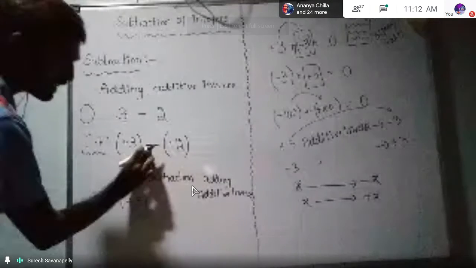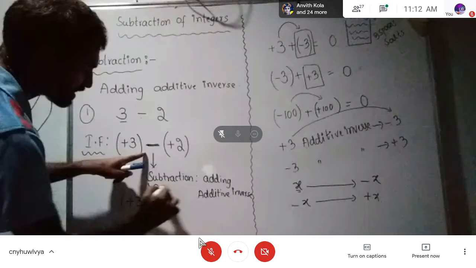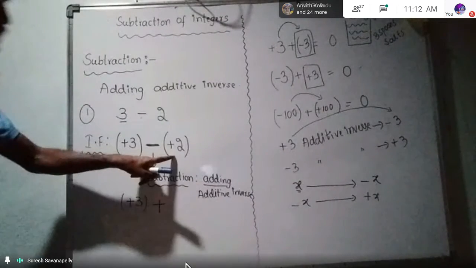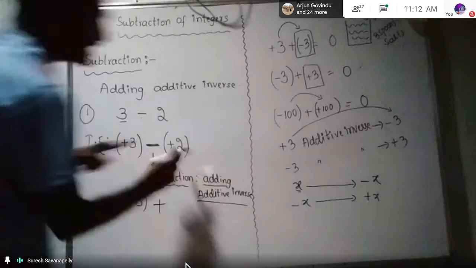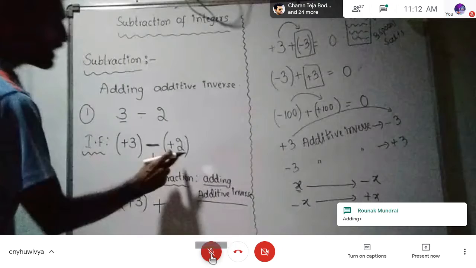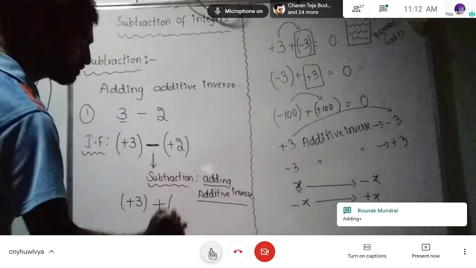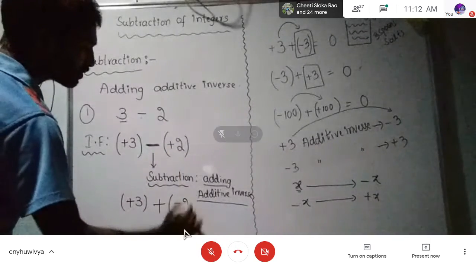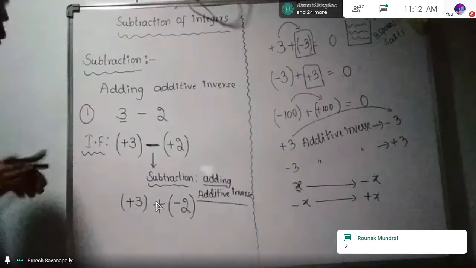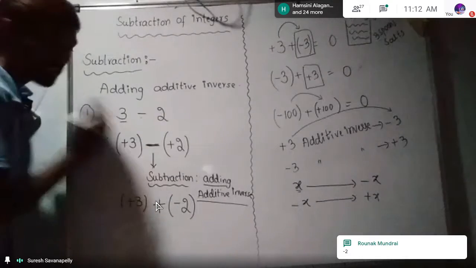Minus will come here. Minus means subtraction. Subtraction means adding. Adding means plus. Additive inverse of what? Additive inverse of plus 2. What is the additive inverse of plus 2? Simply minus 2.